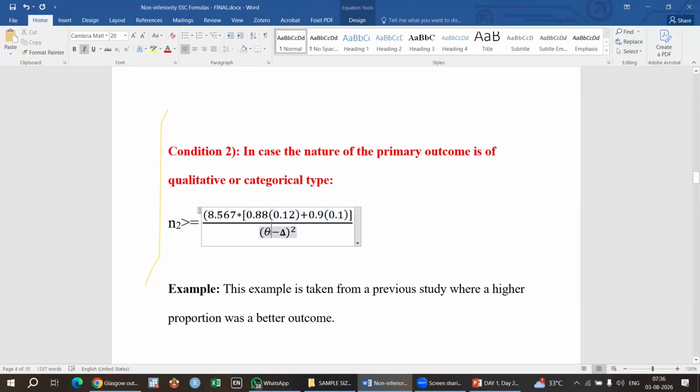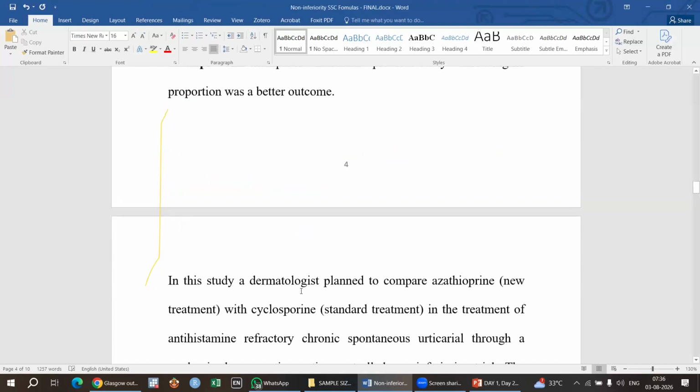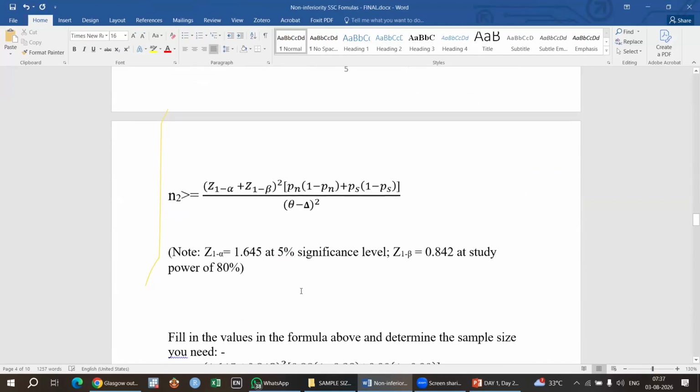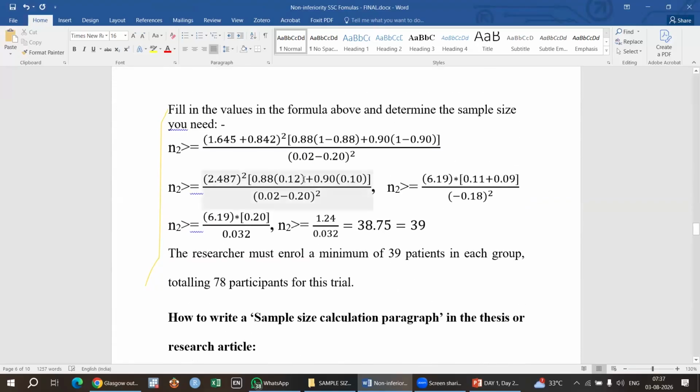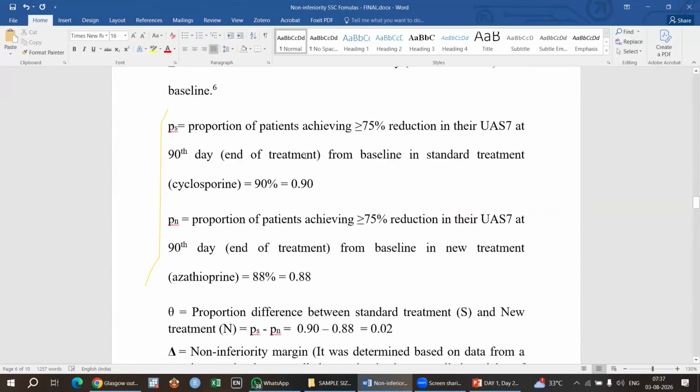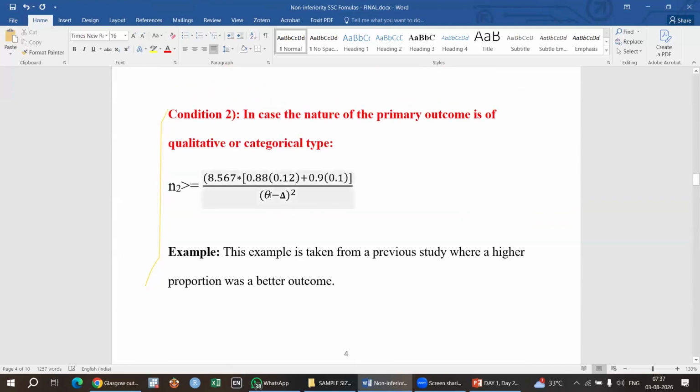Yes, 0.02. Sorry, 0.02. And what is delta? Delta is 0.20.